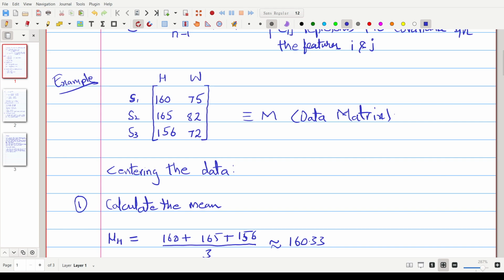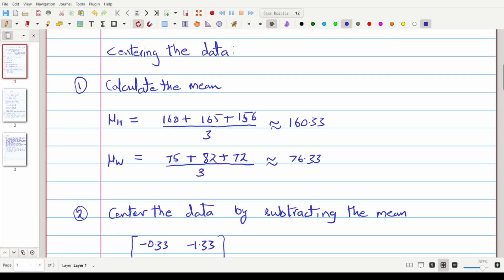Now if we go to an example, let's consider the data matrix where the rows are given by samples and the columns are given by features. Here there are two features and three samples. The first feature is height and the second feature is weight. Height is in centimeters and weight is in kg.